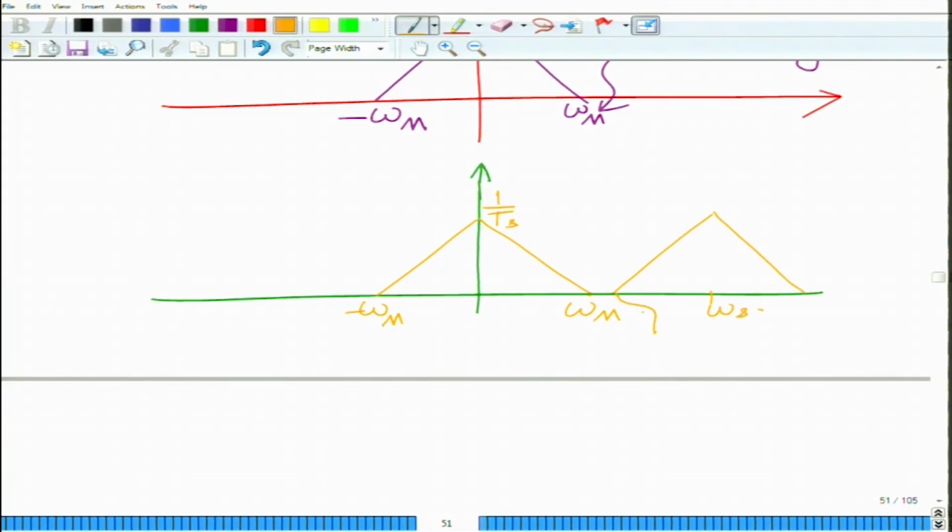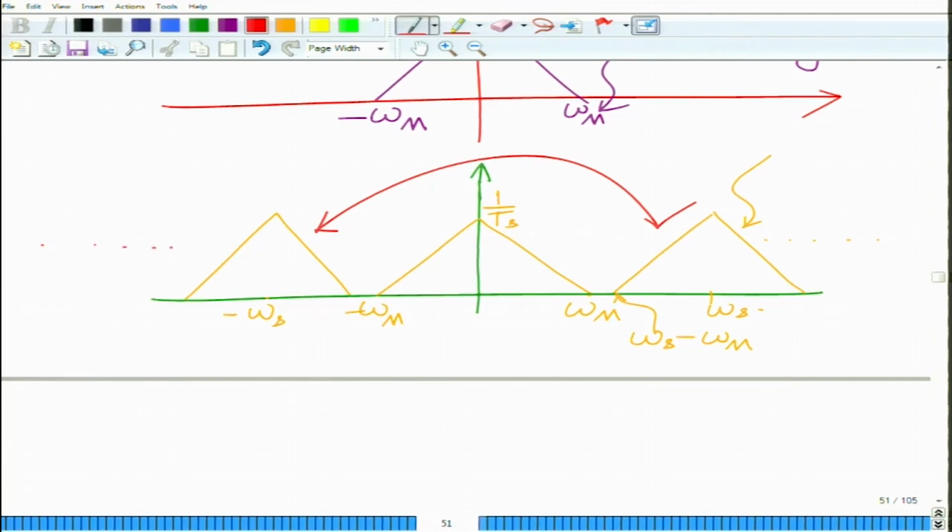So, this point here is omega_s minus omega_m. And you will have several other copies. For instance, here you will have another copy that is shifted by minus omega_s. So, these are basically all the copies, and then you will have again several other copies.